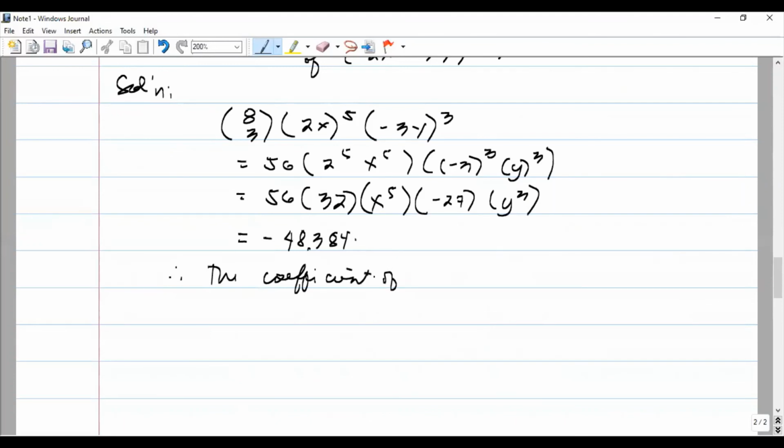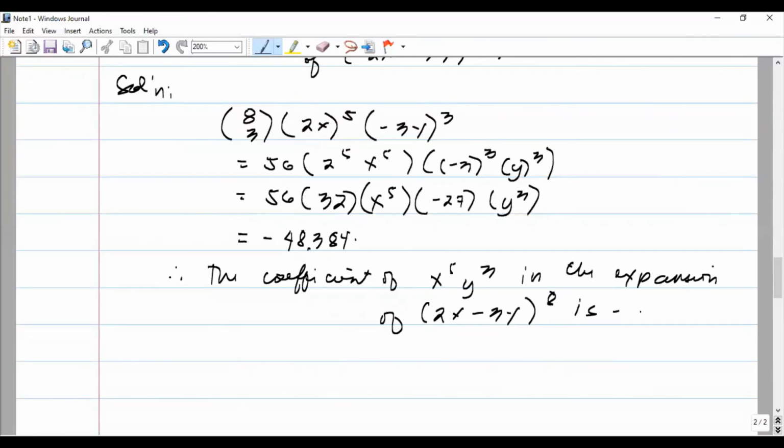So the coefficient of x to the fifth y cubed in the expansion of 2x minus 3y raised to 8 is negative 48,384.